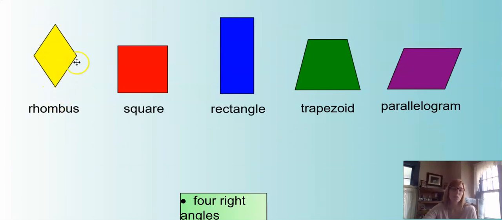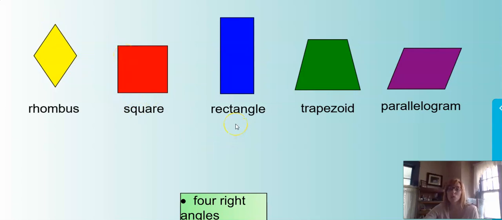So this is a rhombus. A rhombus looks like it's a square that somebody stepped on and smushed. But these sides are all equal sides, but they're different than a square because squares have 90-degree angles. They have all the same equal sides or all the same length, just like a rhombus, but the square has 90-degree angles.